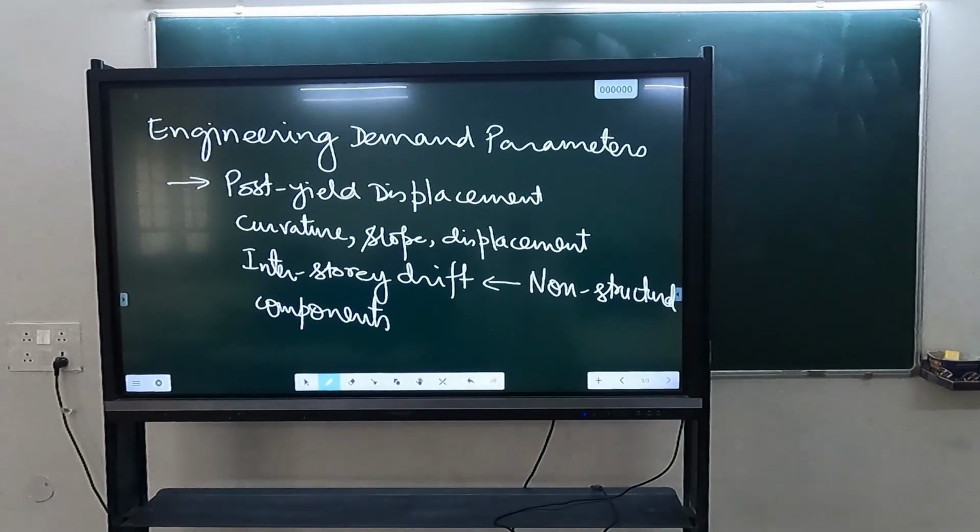So if you think of an X-ray machine in a hospital or a CT scan machine or an MRI machine or the light fixtures in the operation theatre, all those are also required after an earthquake.